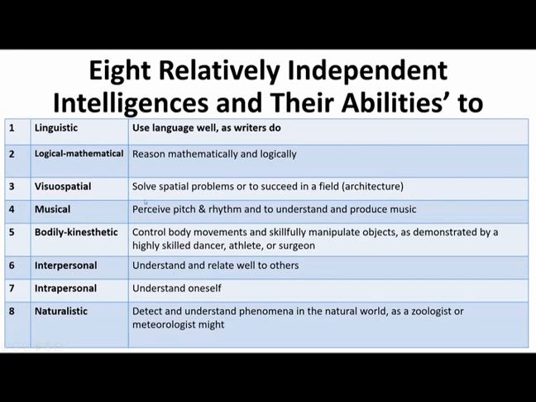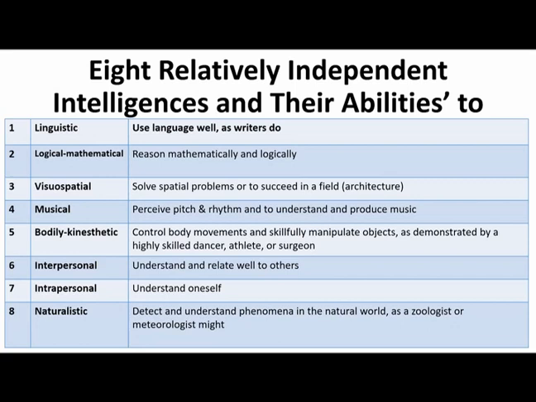And so if we look at each of these individually, linguistic intelligence would be the ability to use language effectively. So writers would have a high linguistic intelligence. Logical and mathematical intelligence would be good reasoning in terms of mathematics and logical abilities. Visuospatial, you'd be able to solve spatial problems or succeed in some kind of field that relies on visuospatial abilities.